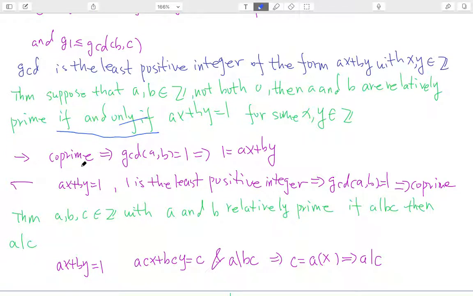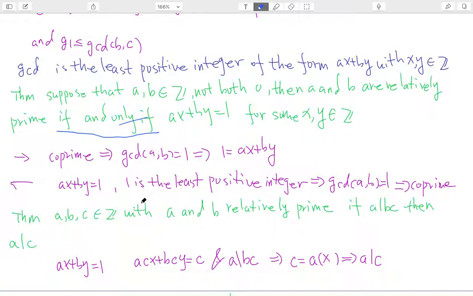From left to right, if A and B are relatively prime or coprime, the greatest common divisor of A and B is equal to 1, as I've just mentioned. And then, since it is of the form ax plus by, we can see that ax plus by is equal to 1, and that is exactly the form on the right hand side.